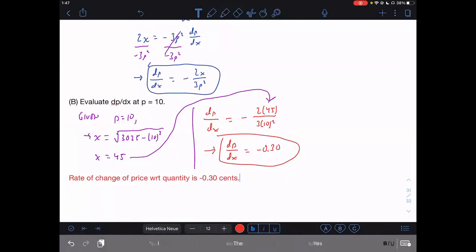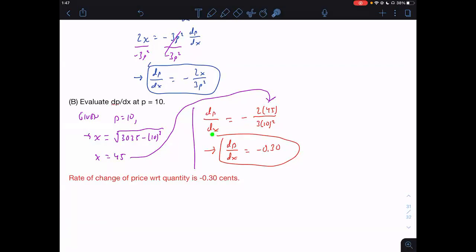Okay. In other words, if we're increasing quantity, then the price is going to be decreasing by 30 cents, right? Don't forget, this is representing a slope value, a derivative, a rate of change. The rate of change in the numerator with respect to your denominator.